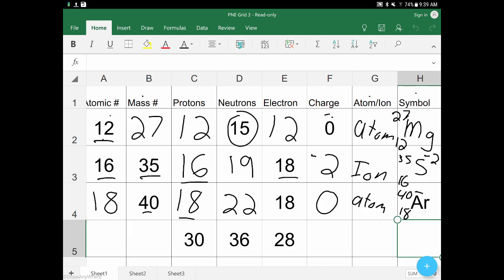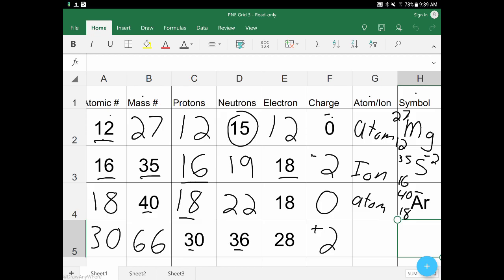All right, next one. We have protons, which is 30, and that's the same as the atomic number. Our mass number is protons plus neutrons, so that's going to be 66. We have 28 electrons and 30 protons, so that means we have a charge of plus 2 since we have more protons than electrons.